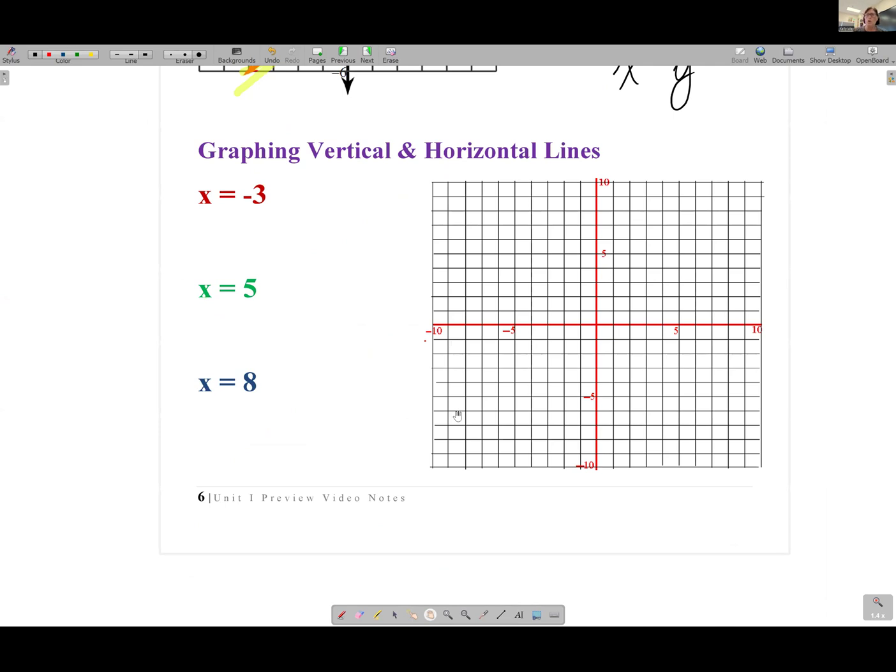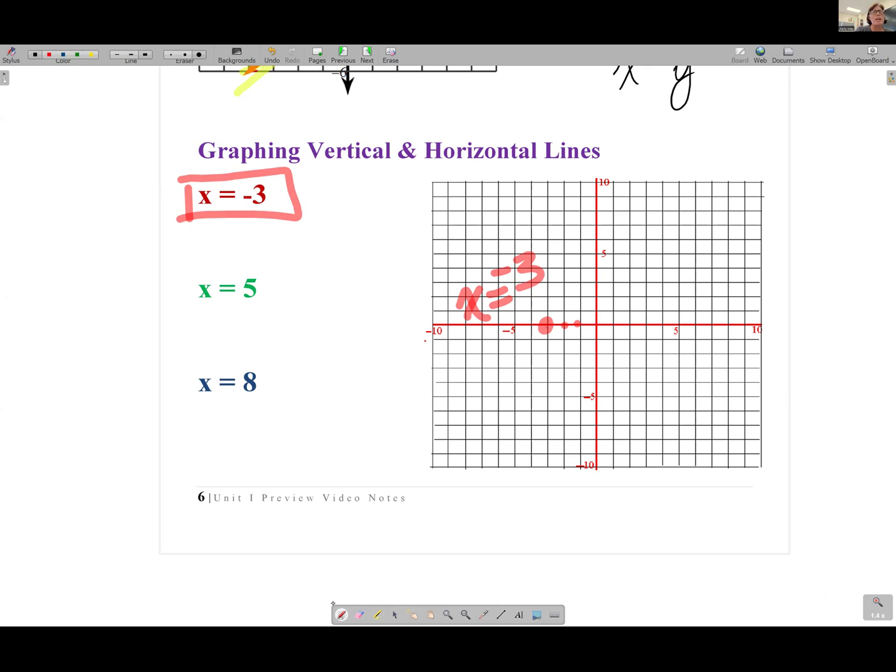Graphing vertical and horizontal lines. Let me tell you what this is not. Watch carefully. X equals -3. 1, 2, 3. X equals -3. Ta-da! No. Careful.